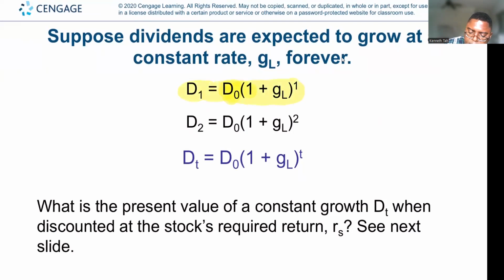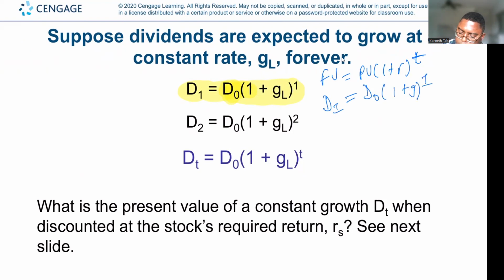We have seen this kind of thing before. Future value is present value times 1 plus R raised to the power T. So if the present value is the dividend right now, it will grow by this growth rate over 1 year, raised to the power 1. That is how we obtain D1.